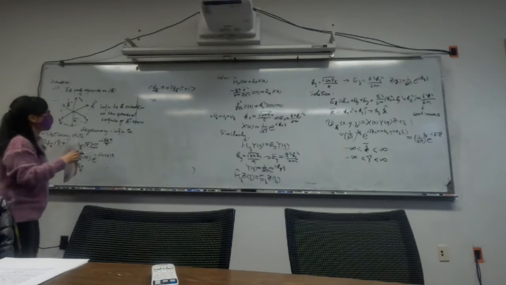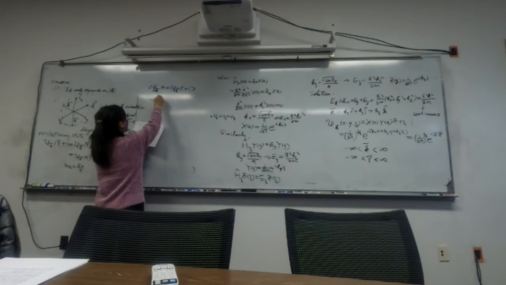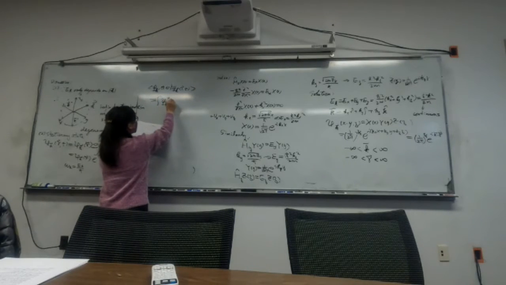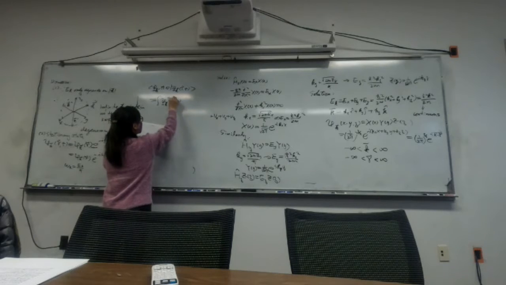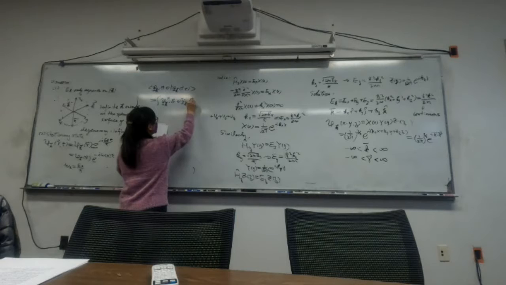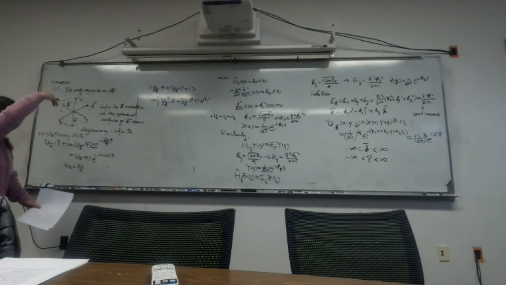Let's write it down here. That is the integral of the conjugate of k prime multiplied by k itself, which is the inner product.